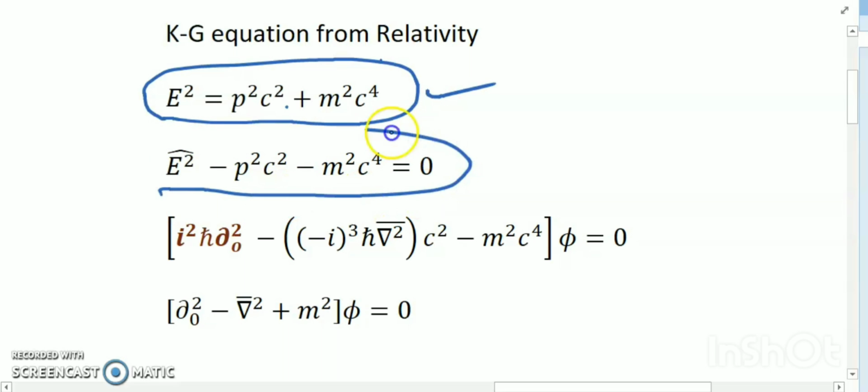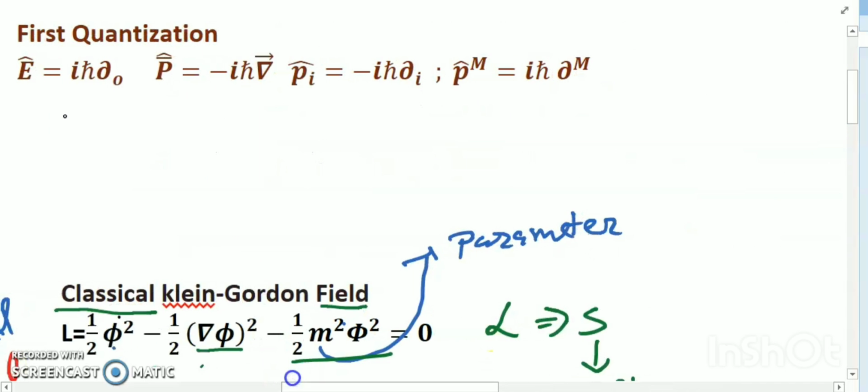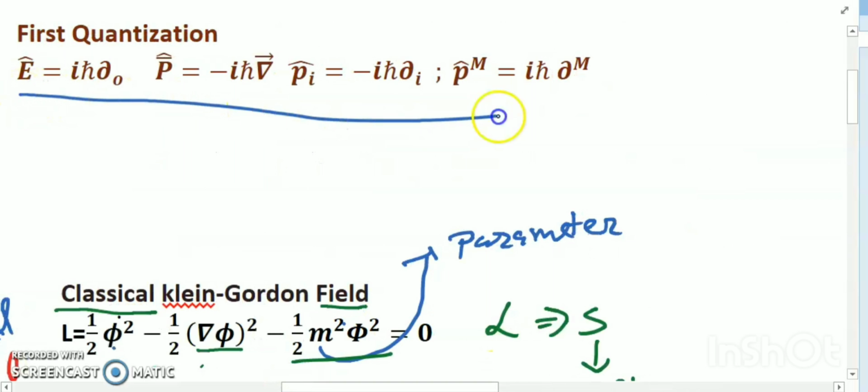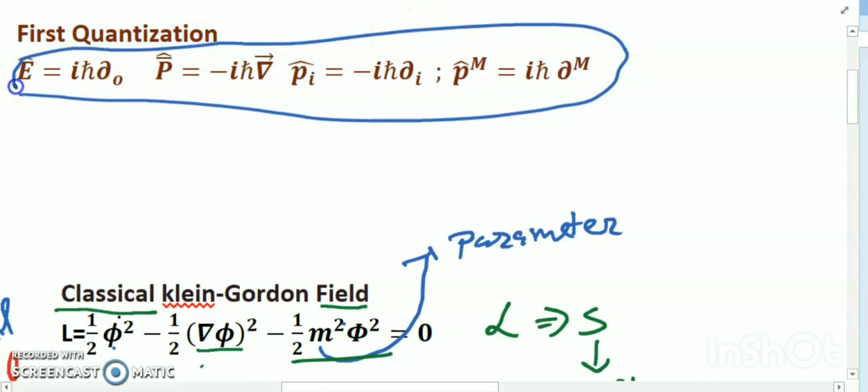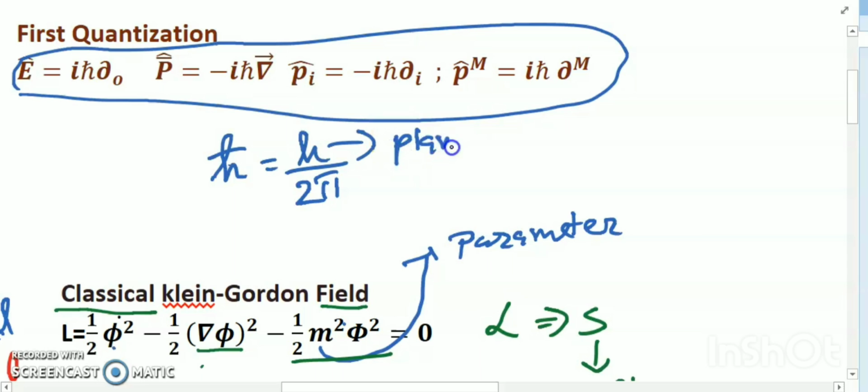Now I use quantization. What is the quantization? The first quantization I used: the value of E equals i h bar del 0. H bar is equal to h divided by 2 pi, where h is the Planck constant.